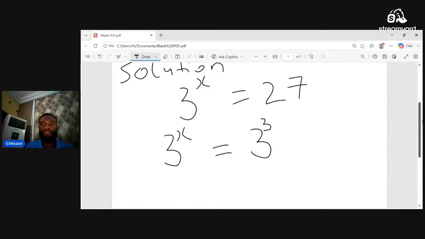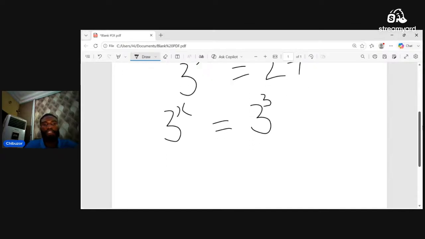So now we've succeeded in having the bases as the same thing, 3 and 3. So what do you now do? You cancel out the common bases, which is 3 and 3, and you have x is equal to 3. That's the answer. Exactly, x is equal to 3.